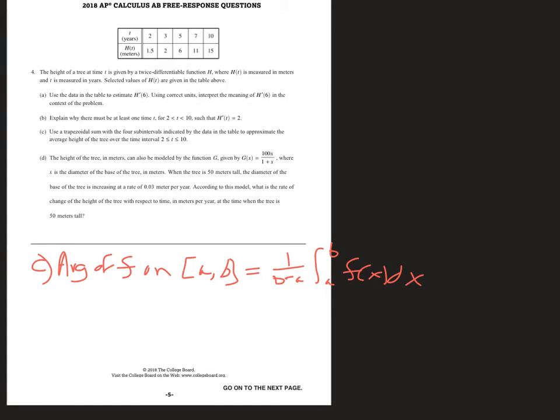So they're just asking us to approximate this definite integral using a trapezoidal sum, but we still need this factor here.